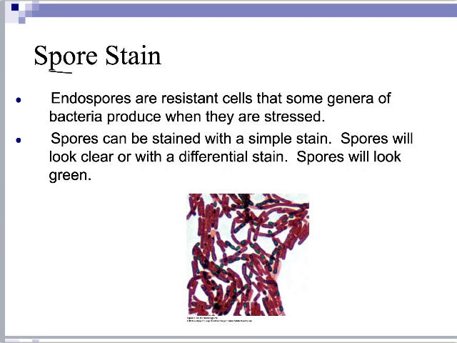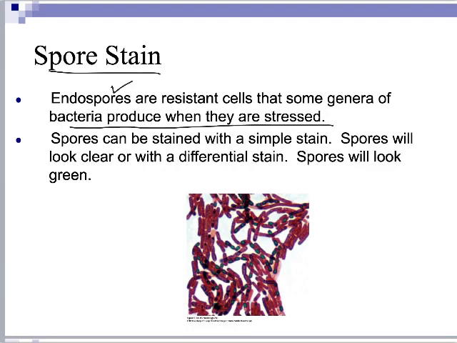Okay, spore stains. We have to talk about endospores, but some bacteria produce these things called endospores or spores. They're a resting structure. When some bacteria get stressed out, in order to save themselves, they make these resting structures called spores.